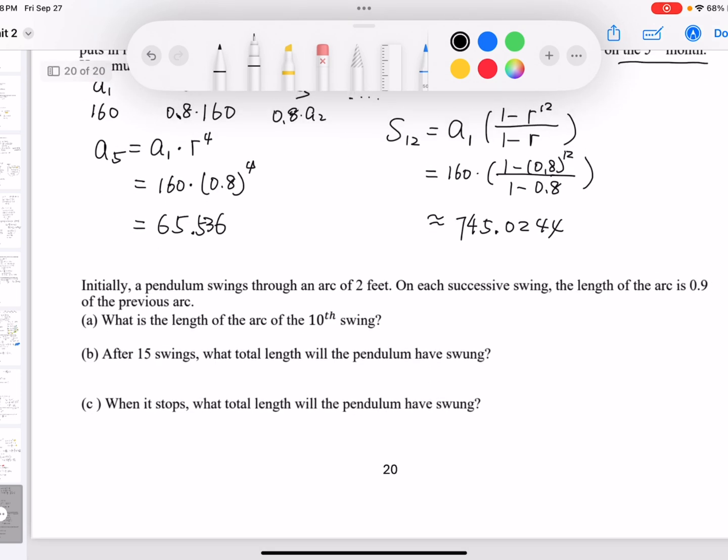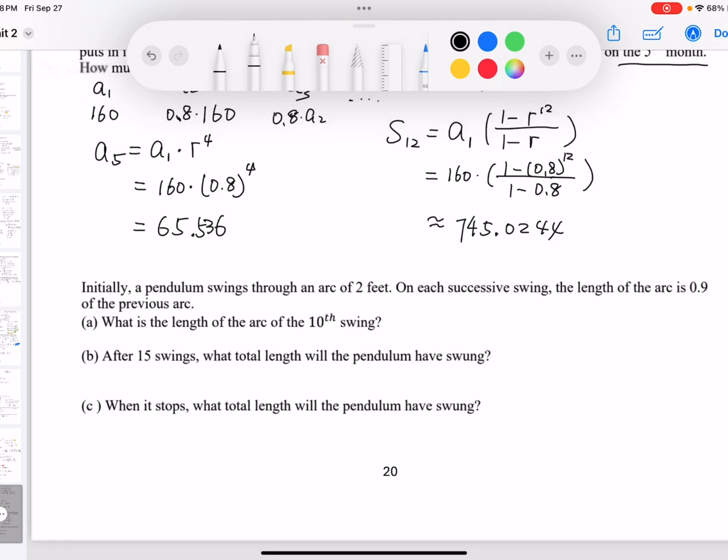Okay, we can draw an image. So here I have pendulum swing. So initial point is here, and it will go here, here, here, here. And then I got this position, it will go back. So initially, this pendulum swings through an arc 2 feet.